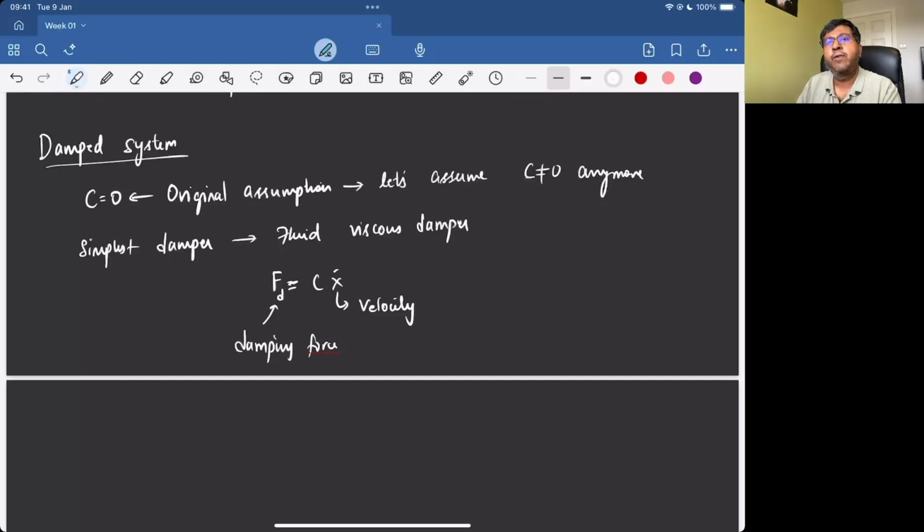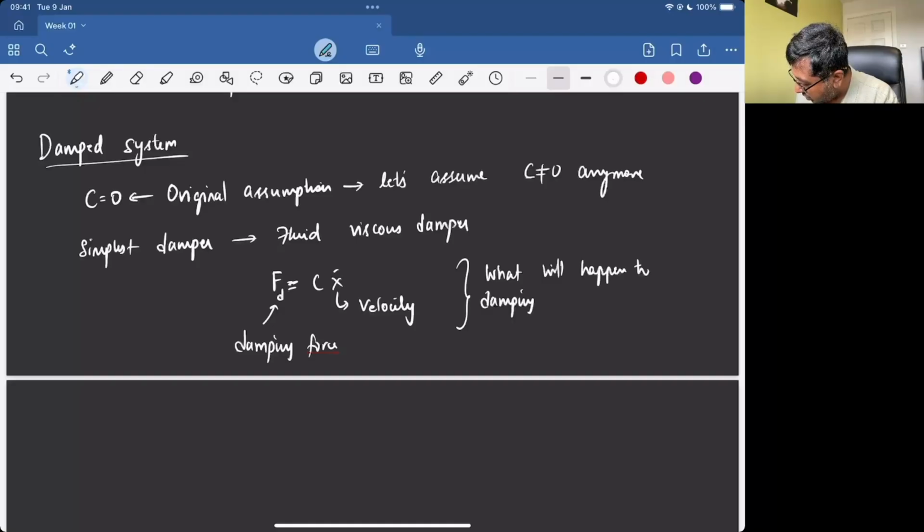Just like how spring force is proportional to the extension of the spring, damper force is proportional to the velocity, right? So the question to think about: what would happen to the damping if there is a sudden change in the velocity? Just a question for you to go back and think about.